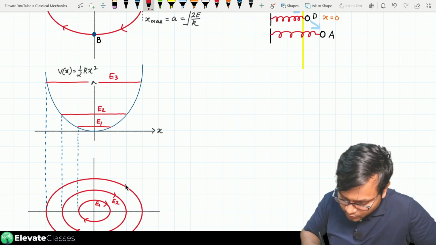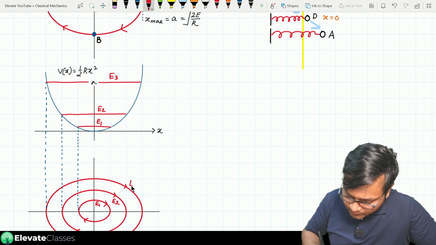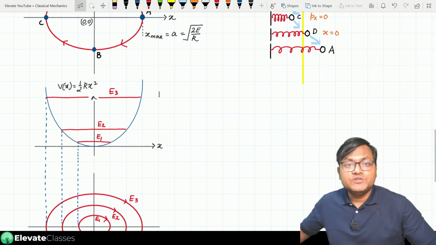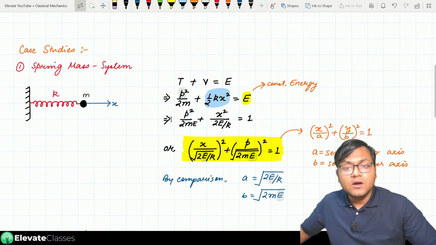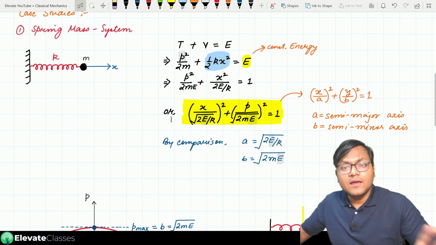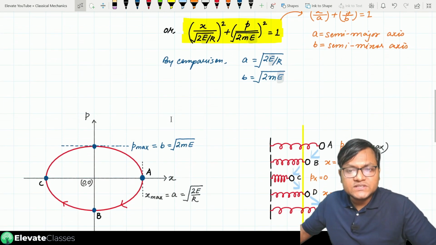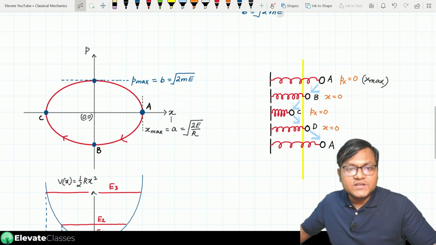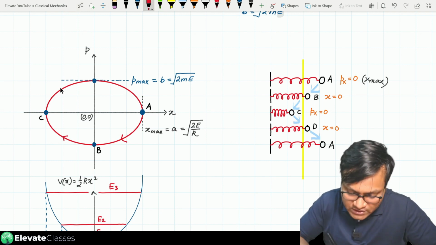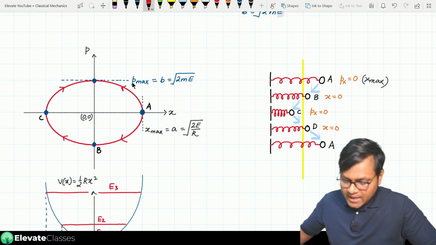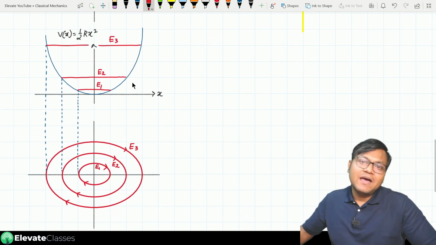Okay, so this will correspond to E3. So there you have it, the spring mass system, which is a very good example of a harmonic oscillator. This is the equation of PST, which gives us an idea about the relationship between x and p in phase space, and the motion is an ellipse. Arrows are in this particular manner, and for different energies we end up getting a family of ellipses.